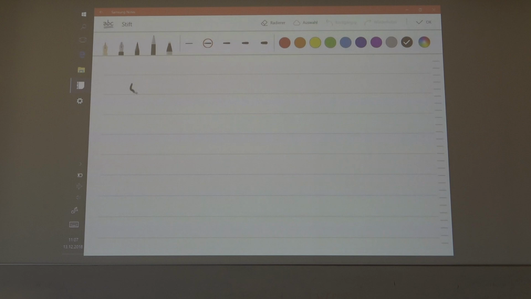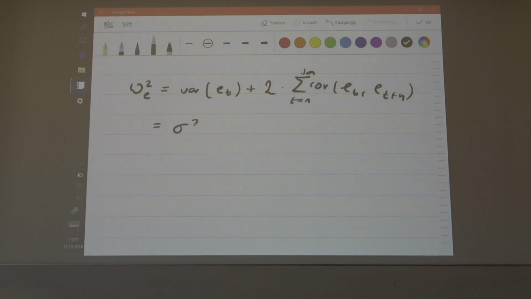So the long run variance of the process is equal to the variance plus 2 times the autocovariance of ET and ET plus H. Now, of course, this is going to be equal to sigma squared because the autocovariances are equal to 0, and that is greater than 0.